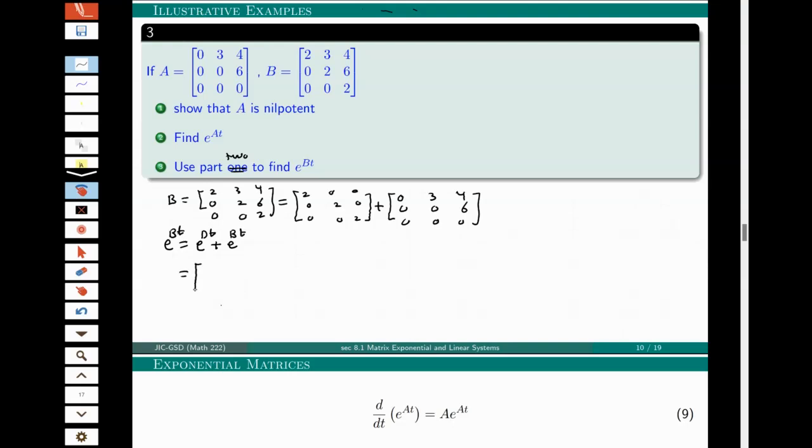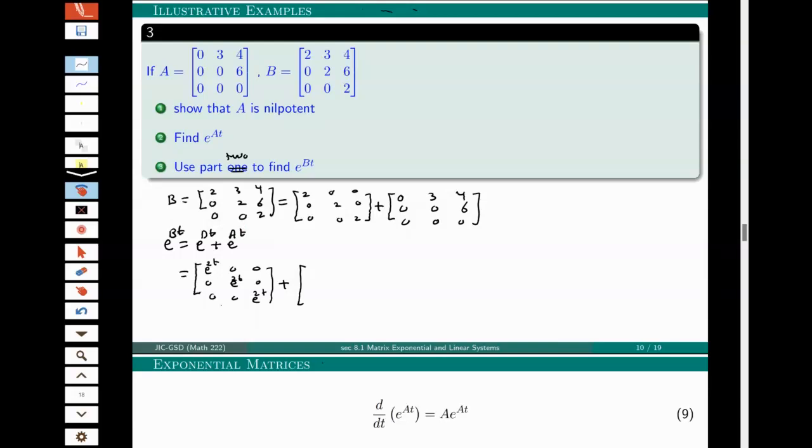So what I will get, e to the power dt, it will be e to the power 2t 0 0, and that is 0 e to the power 2t 0 0 0 e to the power 2t. That's our theorem. Plus e to the power, sorry, that's a.